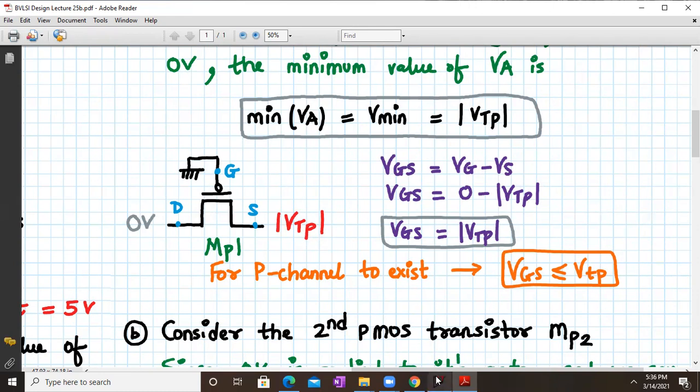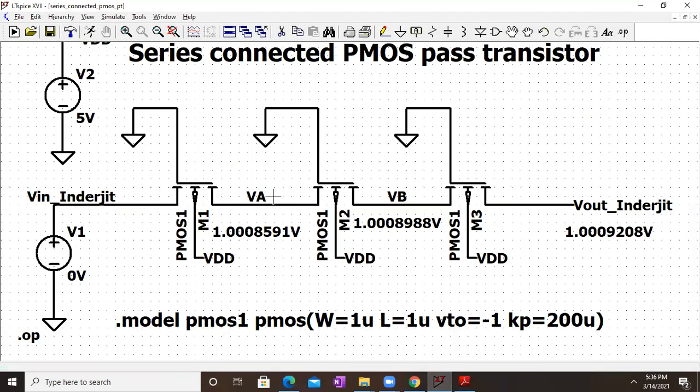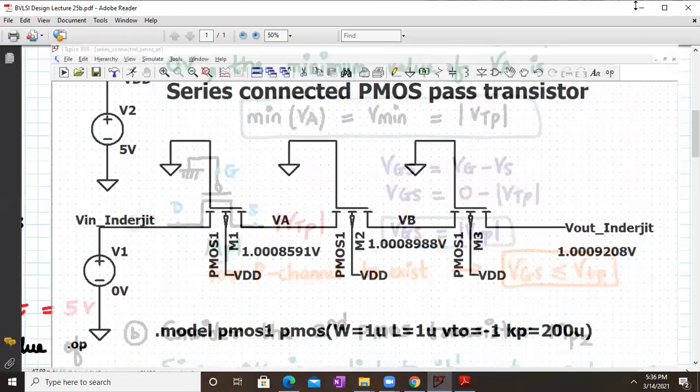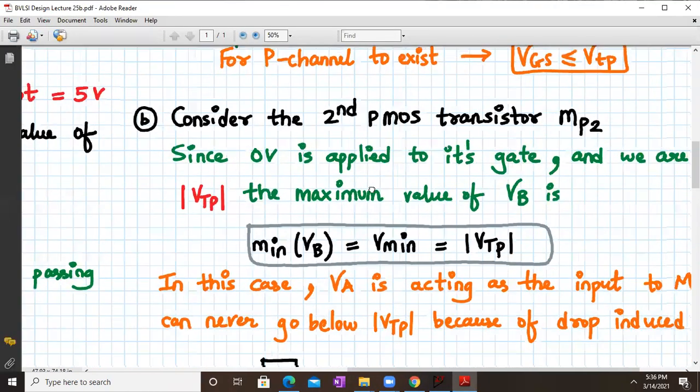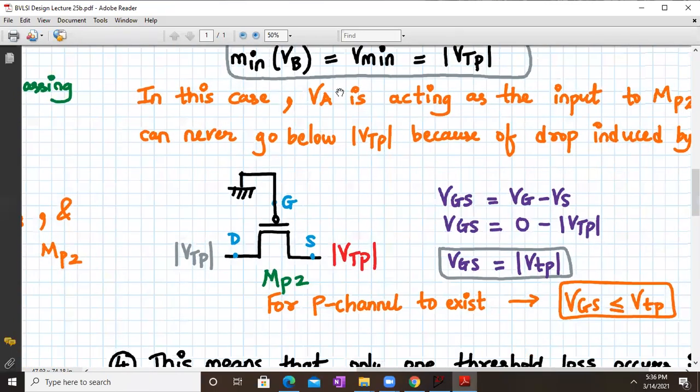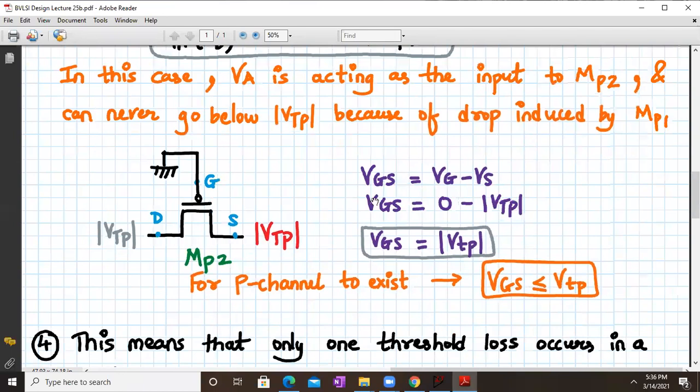Now this 1 volt is being applied to the second transistor. So what is the output voltage over here? Let us check. For the second PMOS transistor MP2, your drain voltage is at mod of VTP. Your gate voltage is at 0. So what should be the source voltage? Again, the VGS value is of concern, not the drain voltage over here. VGS value is VG minus VS. VG value is 0 volt.